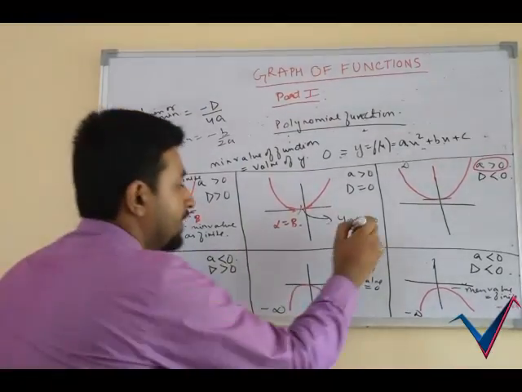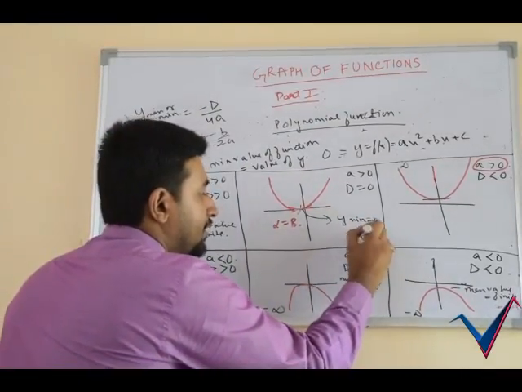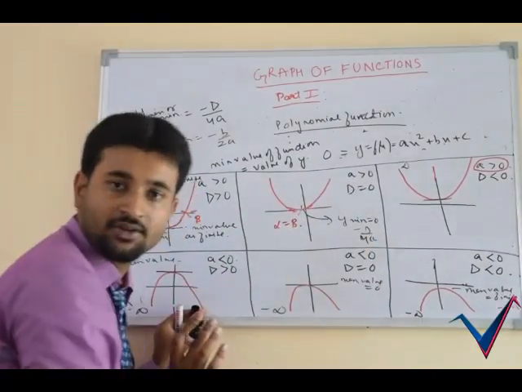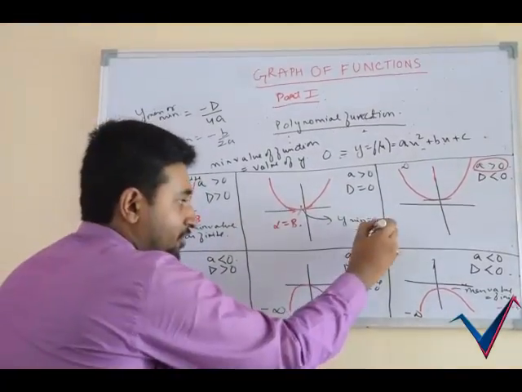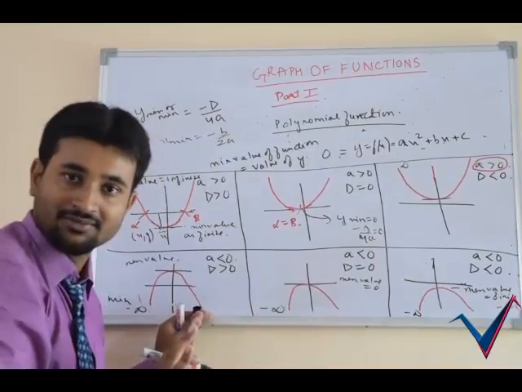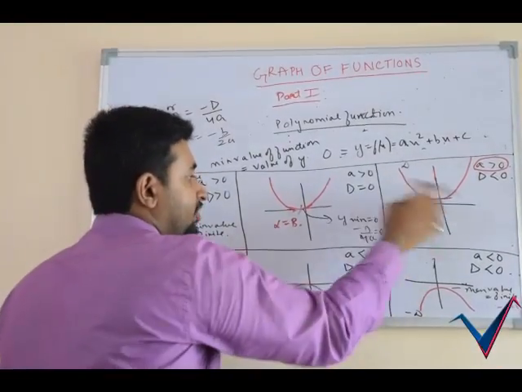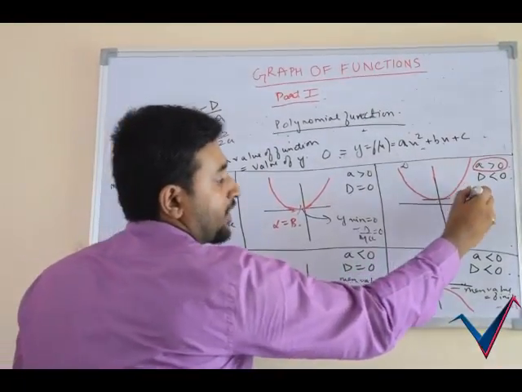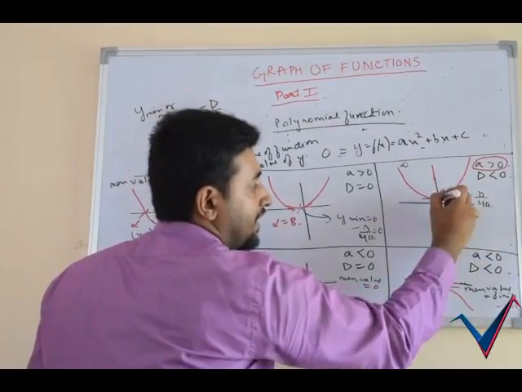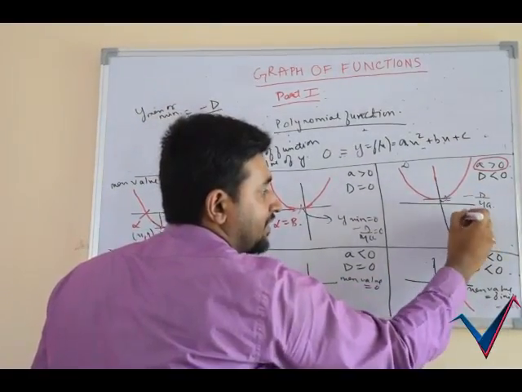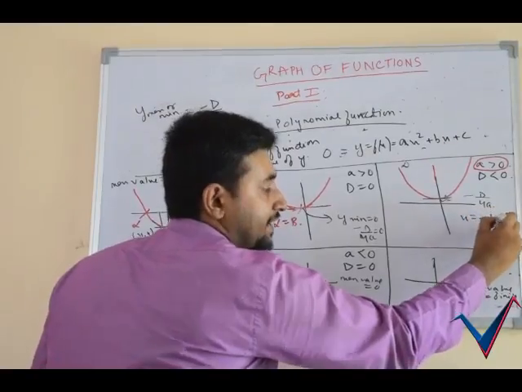Y minimum will be minus D by 4a. What is D here? D is 0. So it will be 0. Similarly for this case, here also the minimum will be minus D by 4a. At what x? The minimum occurs at x equal to minus b by 2a.